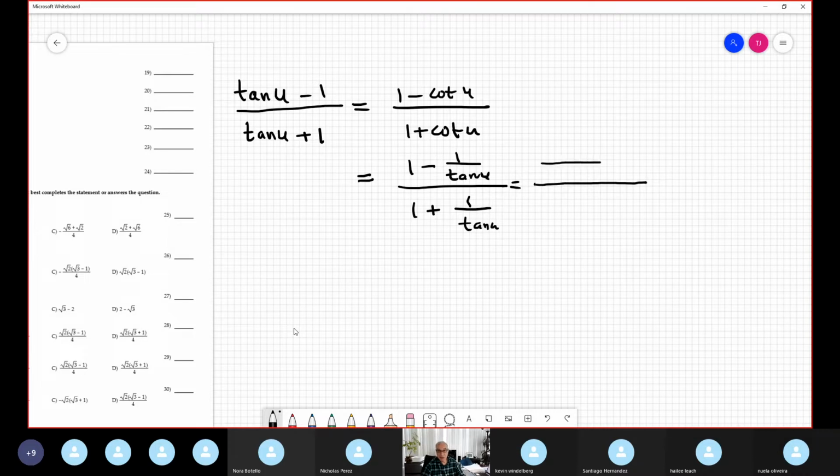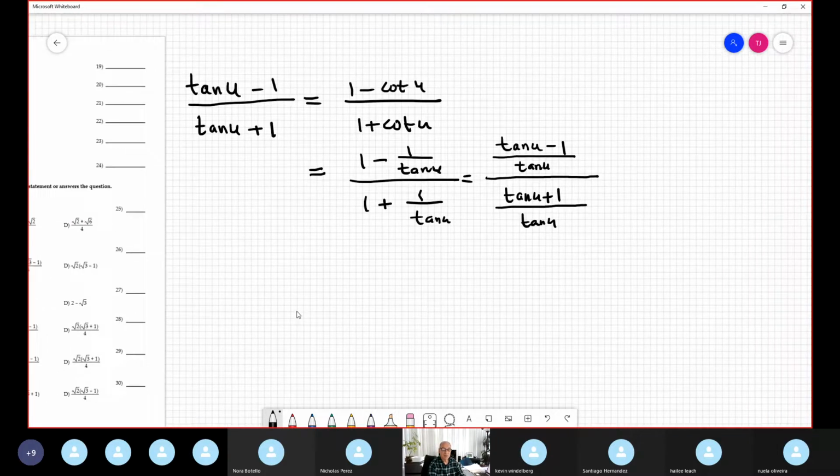I saw that the least common denominator is tangent u, because the only other term is 1 here. So 1 is nothing, and tangent u minus 1. Do you see the transformation I did? Likewise, in the bottom part, the LCD is tangent u, and we have tangent u plus 1. Got it?